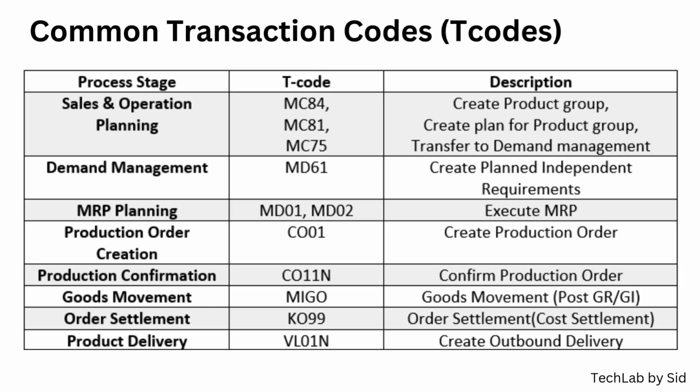Similarly, you can pause the video to review the common transaction codes listed here. These are the essential Tcodes you'll frequently use throughout the P2P process in SAP. From demand management to production orders and goods movement, each Tcode plays a role in executing specific tasks. Take a moment to familiarize yourself with them if needed.